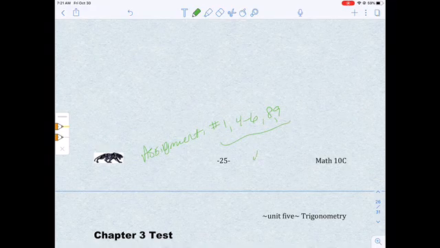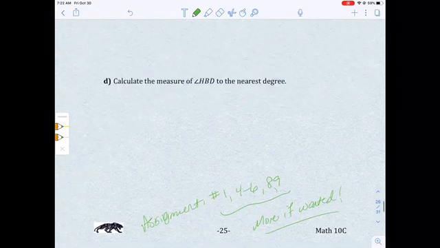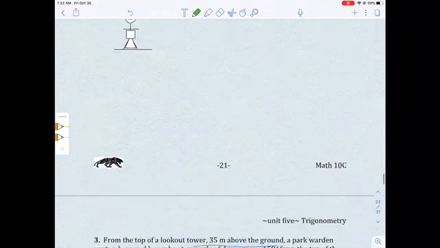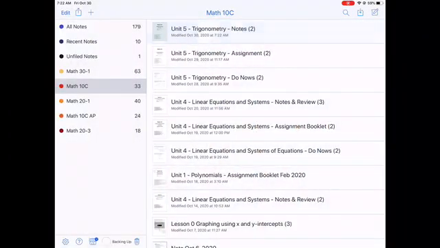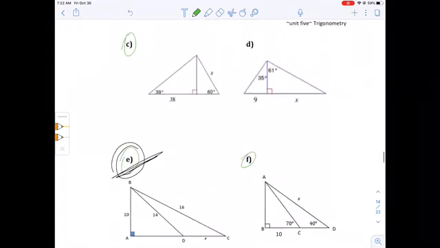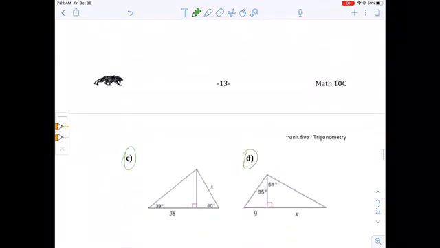And of course you can do more if you would like. Now, I would also highly, highly recommend that we do not miss any from lesson 5. Okay, if you've missed some from lesson 5, it really wouldn't hurt to go back and do some of these questions if you need extra practice.